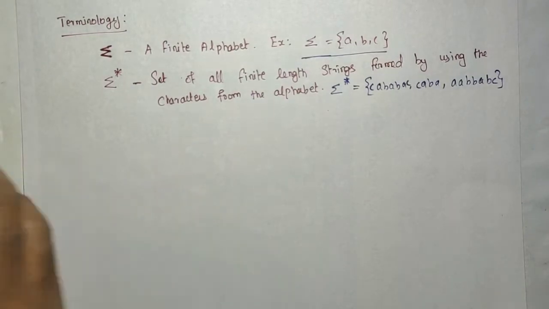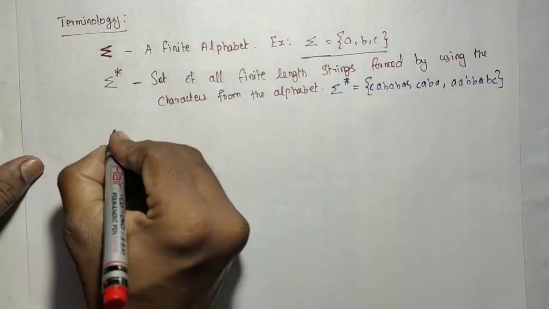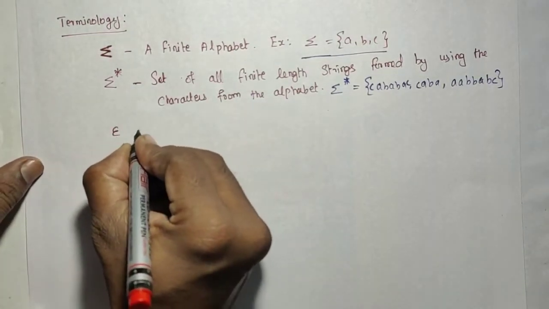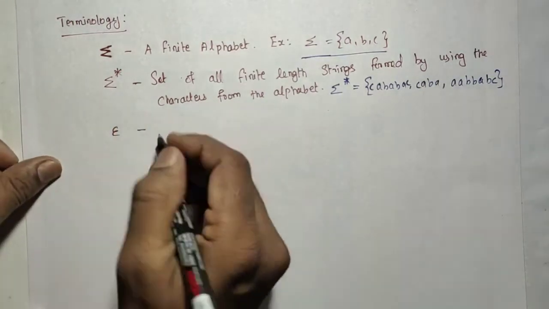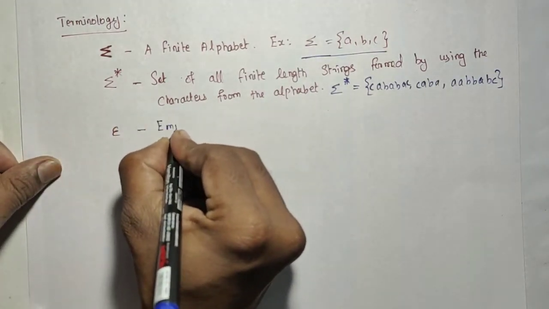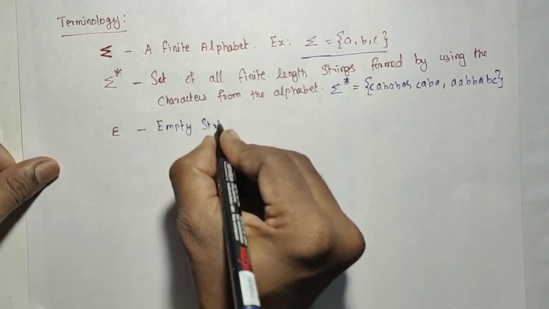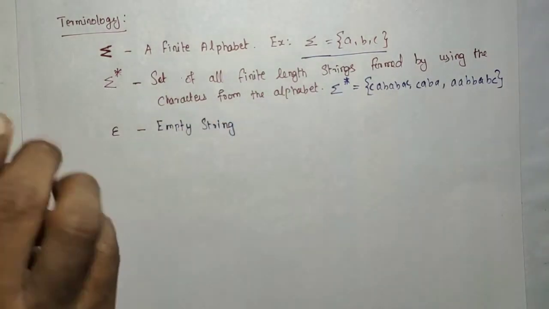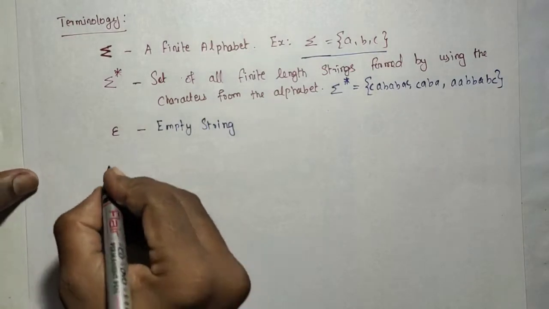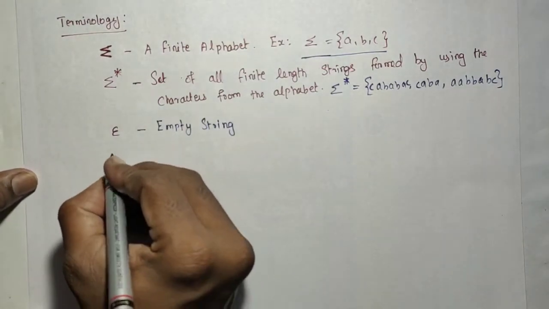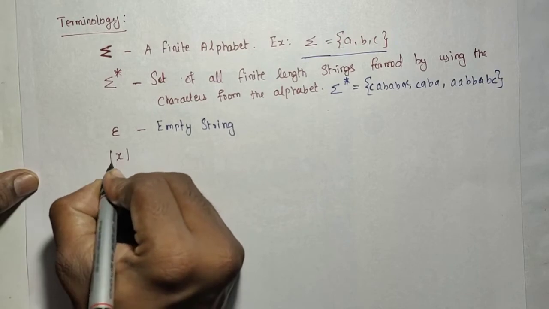The next is epsilon. Epsilon represents the empty string. Epsilon is nothing but the empty string. And the mod operator represents the length of a string x.